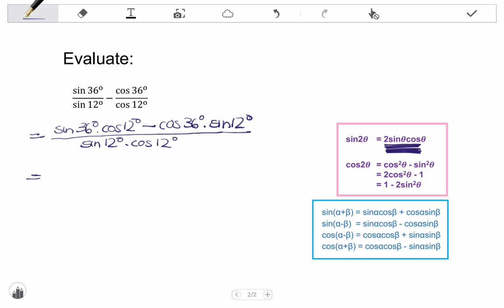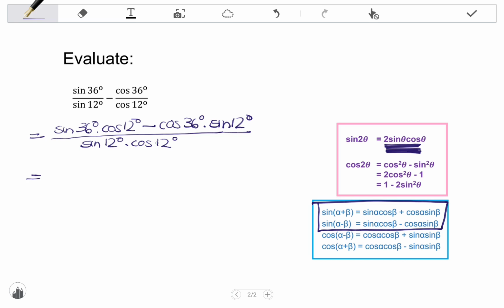Now I notice that I have two terms. In each term I have a product of a sine times a cos. But it's sine, cos, cos, sine, which reminds me of the sine compound angle formula, and the angles are the same. So I've got 36, 12, 36, 12.